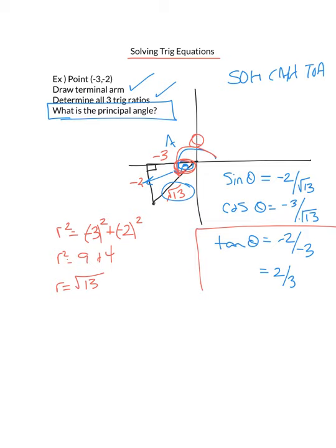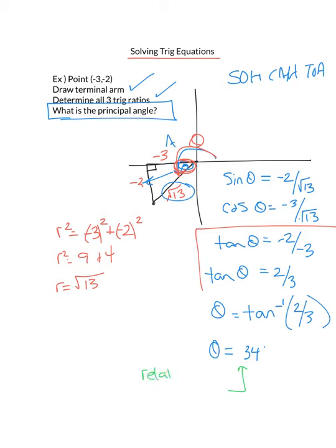If I have tan of theta equals 2 over 3, I can just say theta is equal to tan inverse of 2 over 3. When I plug that into my calculator, I get 34 degrees. Now, because this chapter is all about terminology, I'm going to say that this is the related acute angle.